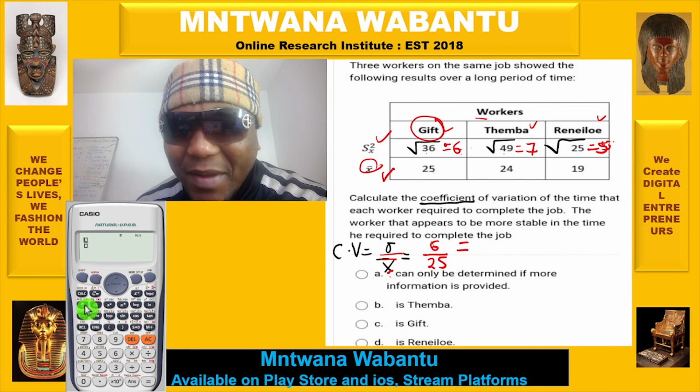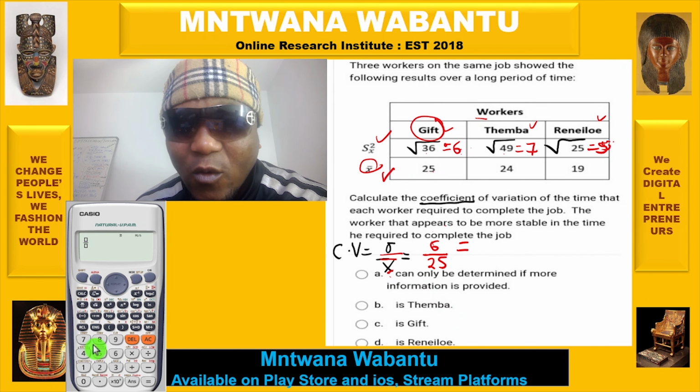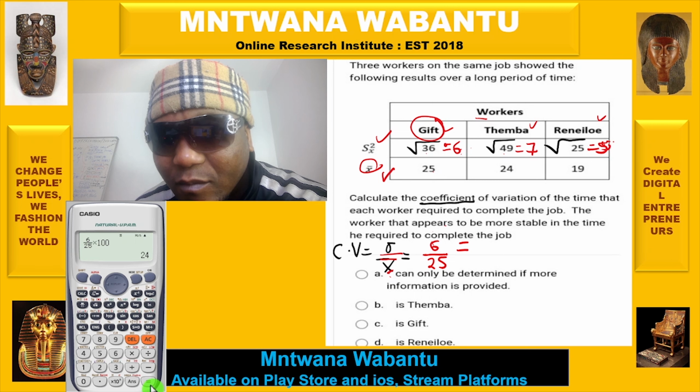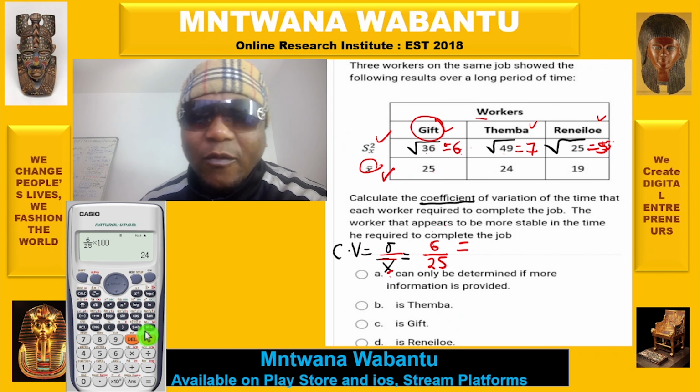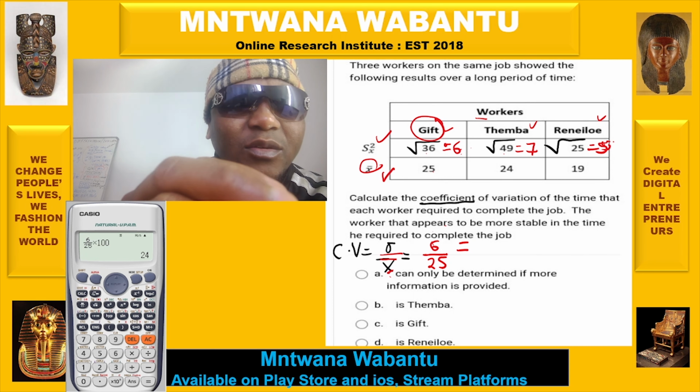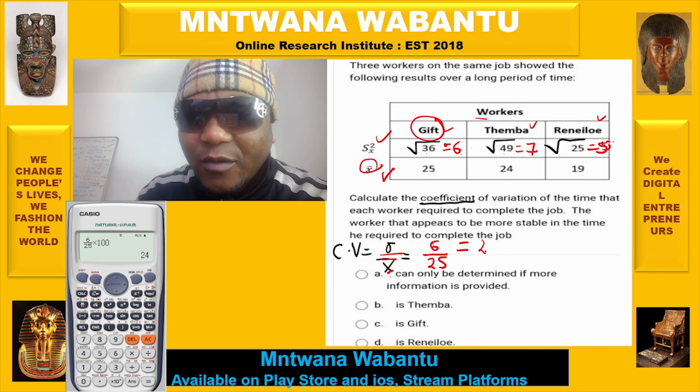But remember, you must multiply by 100, because that's how you get the coefficient of variation. So say 6, and then you come to the bottom, 25, and multiply by 100. The coefficient of variation for Jeff is 24.